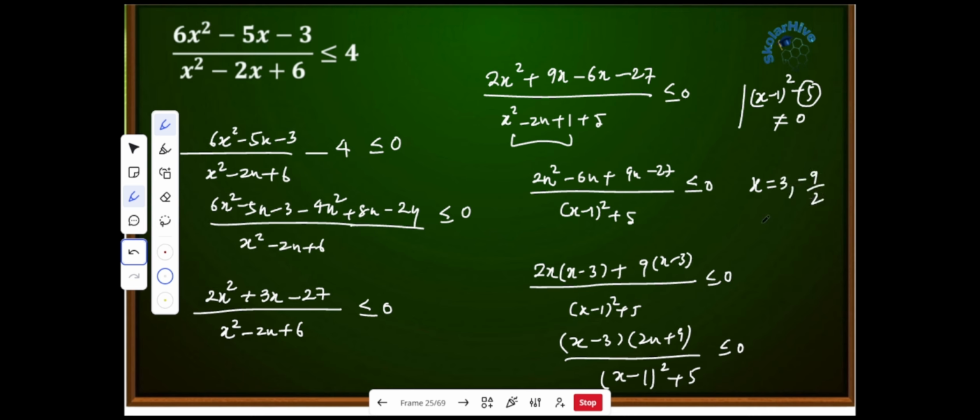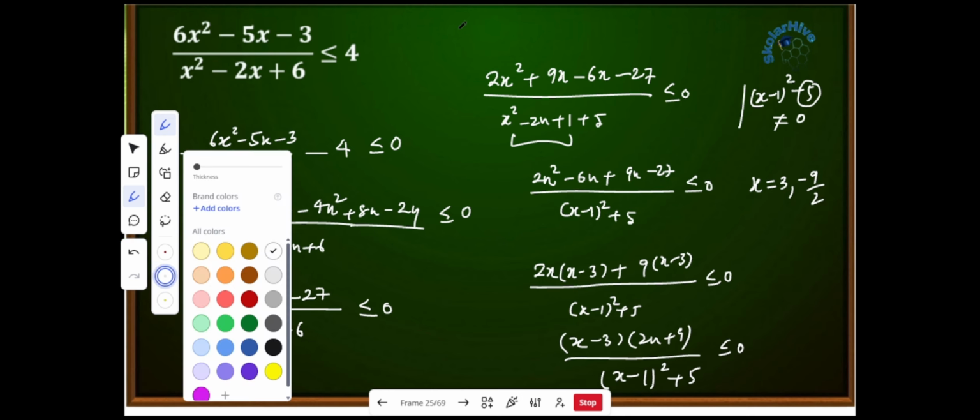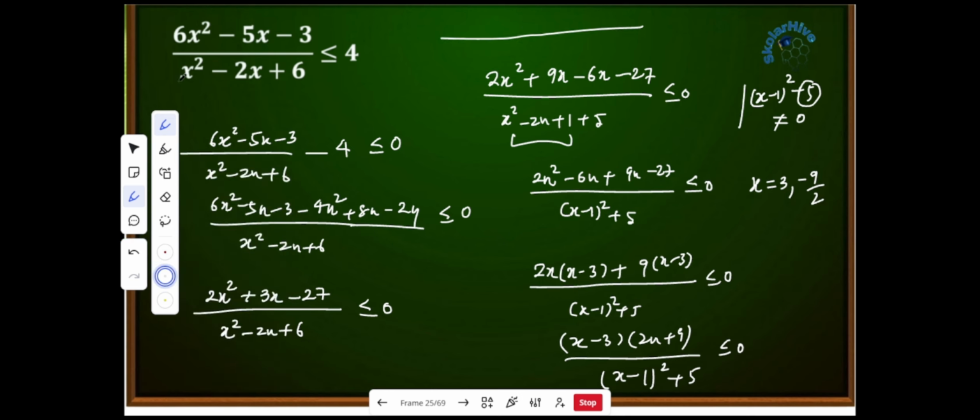Now we just have to plot these points on a line: −9/2 and 3. As the inequality sign includes less than or equal to, and the critical points came from the numerator, all these points will be included, so we shade them.